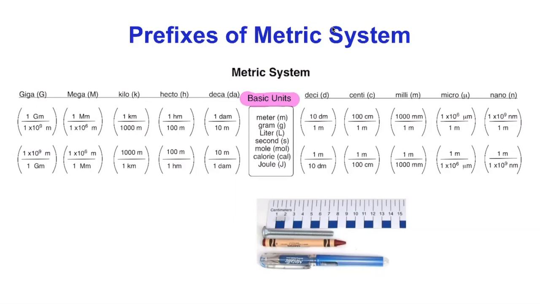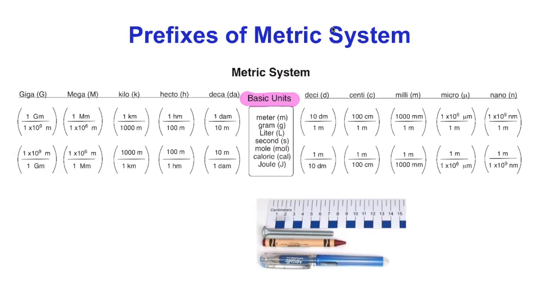For length, it's the meter. For mass, it's the gram. For volume, it's the liter. Time in seconds. Atom counts in moles, energy in calories or joules, etc.